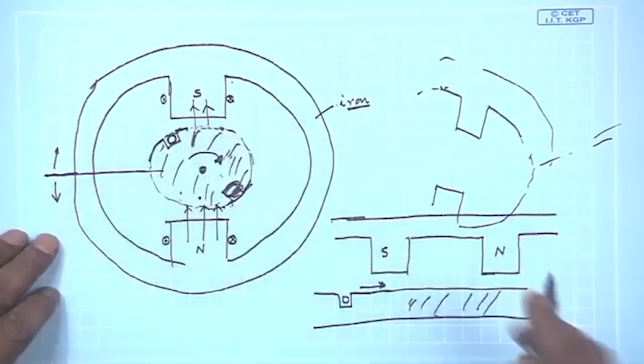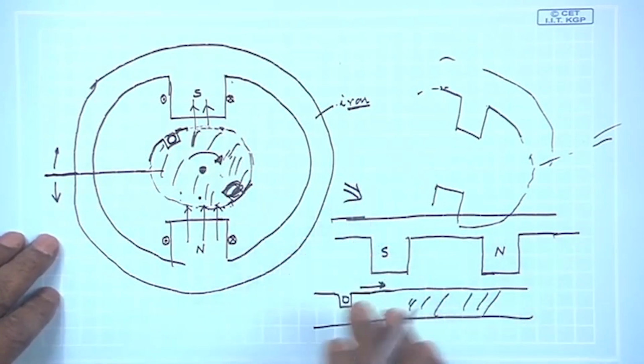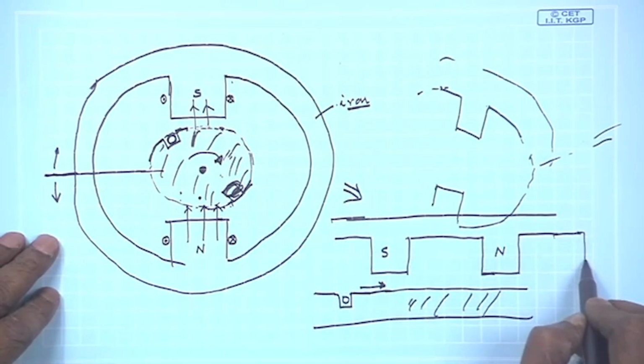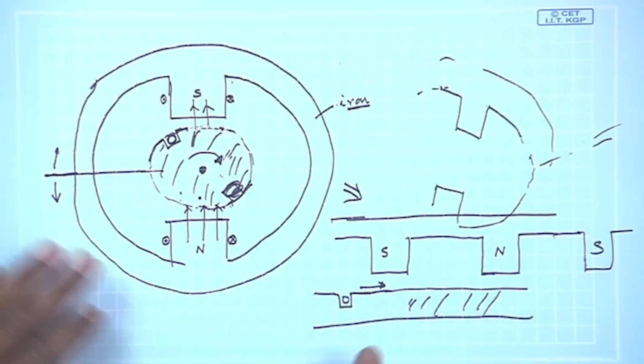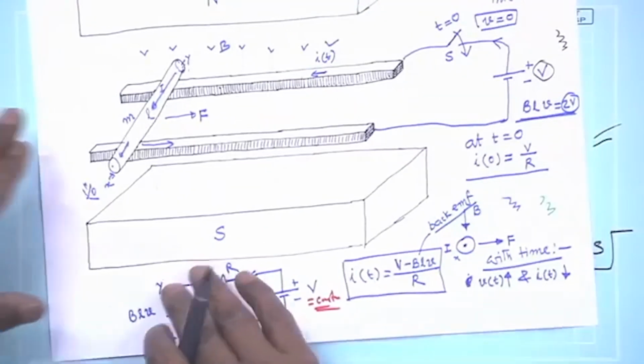So, this arrangement is equivalent to an infinite number of south and north poles present, and this fellow is moving. Is this not just similar to this one?